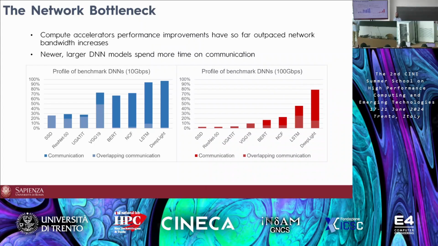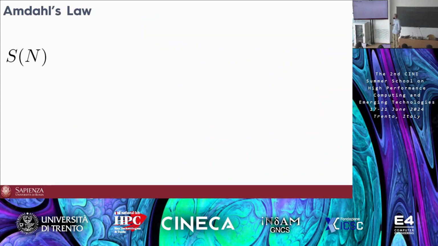Now, this causes several issues. I'll try to explain one of those. Did you hear about Amdahl's law? Let me try briefly to explain how this works. Amdahl's law is an equation to estimate the speedup of an application when running on n processes, threads, nodes, whatever.